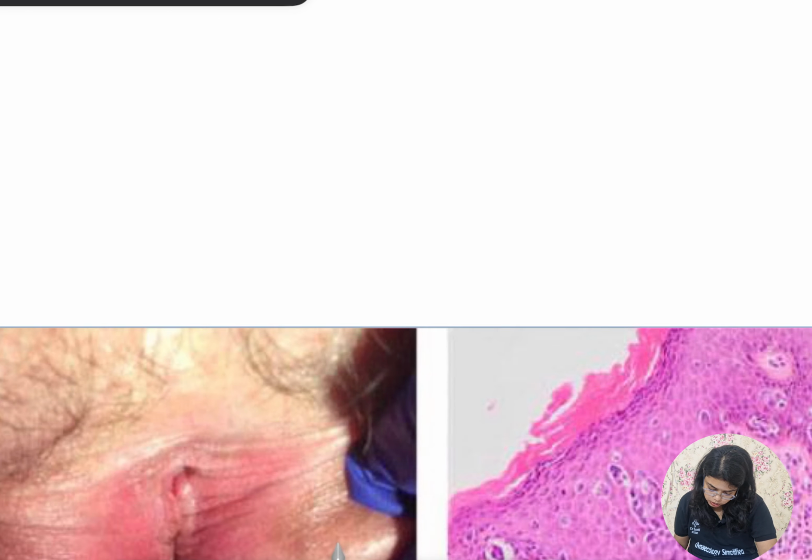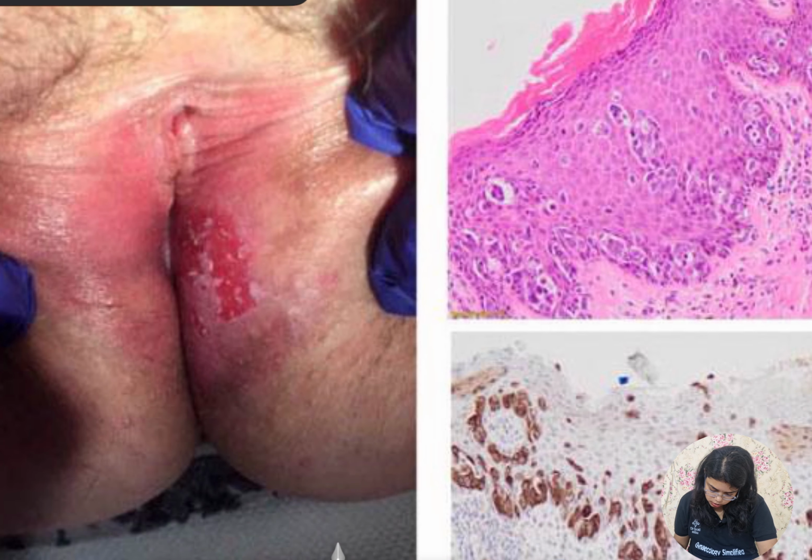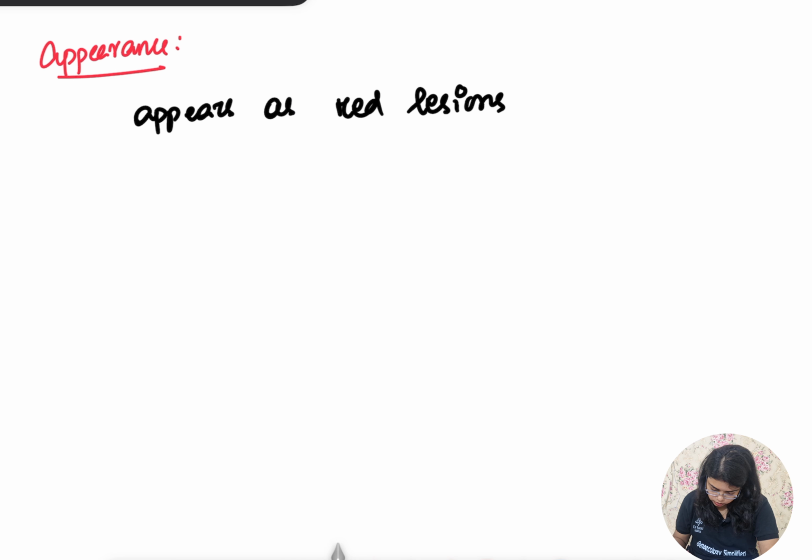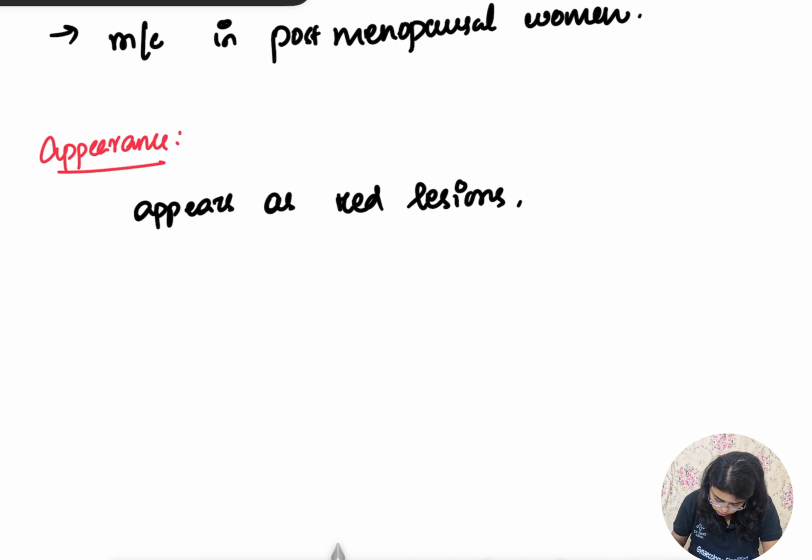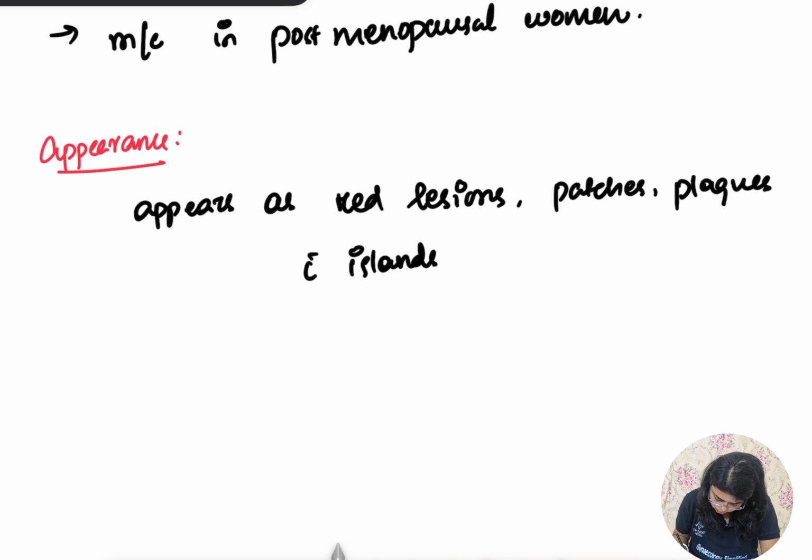See, I will show you a picture. This is the Paget's disease. This is the red lesions, erythematous red lesion. Maybe patches or plaques with islands of white epithelium.